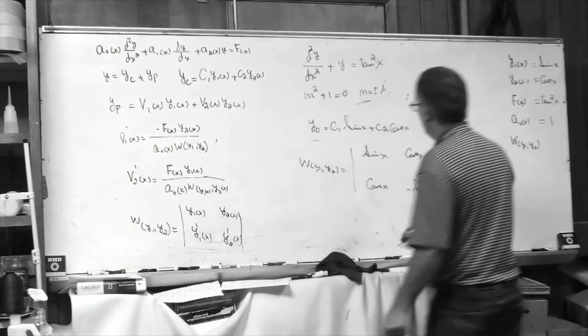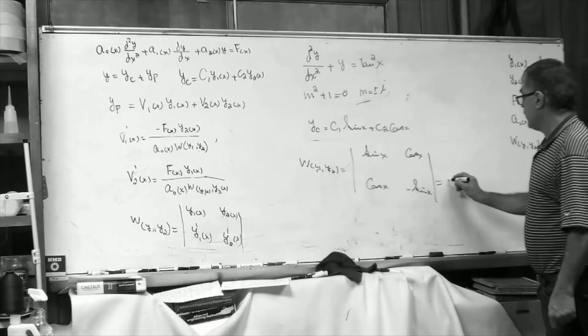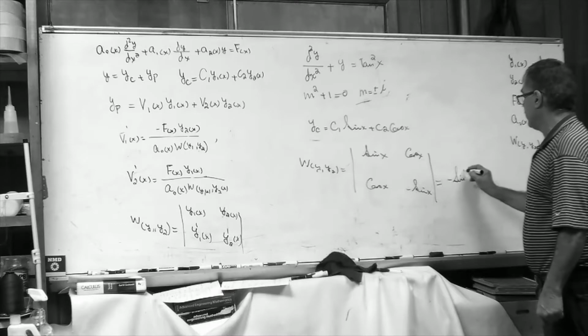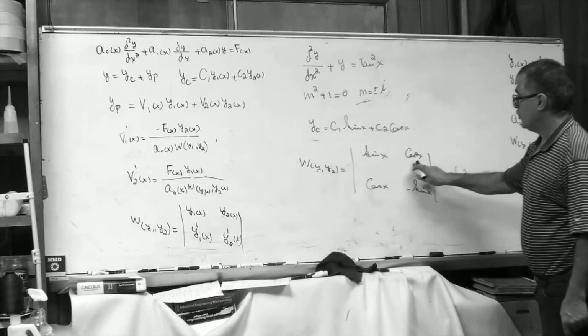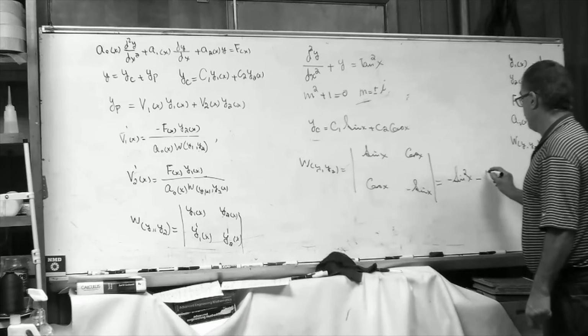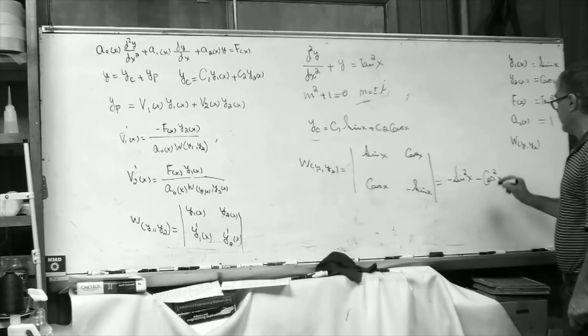So this will be equal to sine x multiplied by minus sine x, which is minus sine square of x, minus cosine of x multiplied by cosine of x, which is minus cosine square of x.